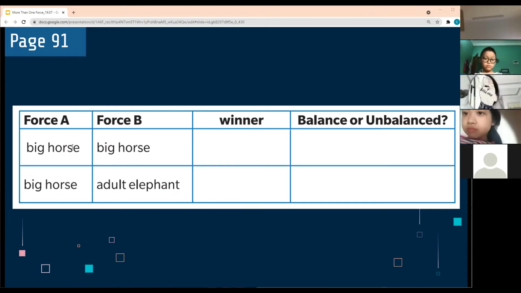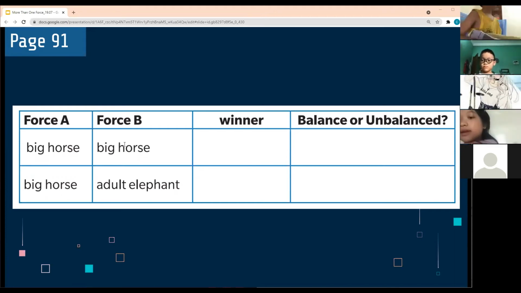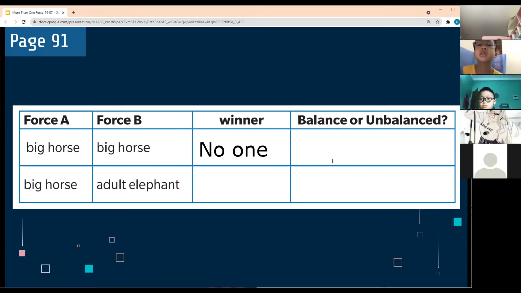We have a big horse and a big horse. Which one is going to be our winner if they have a tug of war match? No one is a winner. No one, okay? And is this balanced or unbalanced? Balanced. It is balanced. Very good.